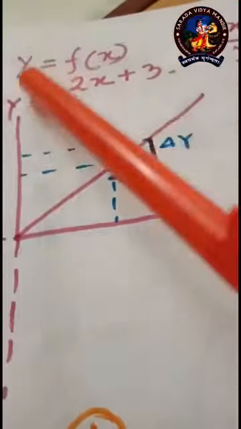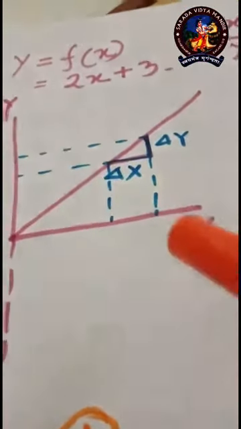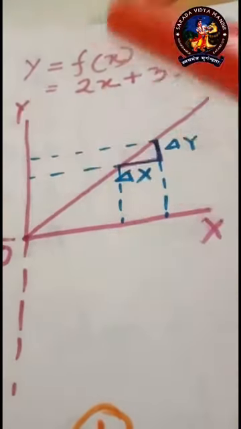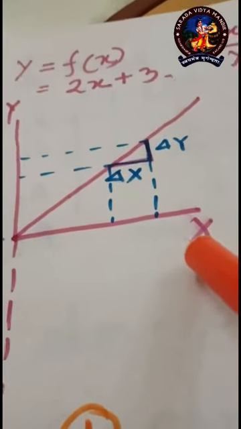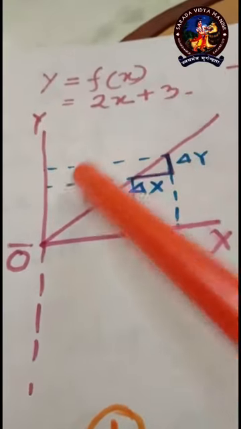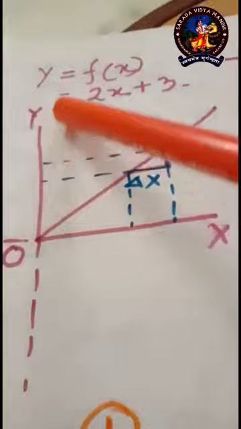Suppose now these X and Y are two arbitrary things, that is, we can put anything on X and we can put anything on Y, but you have to keep in mind one thing, that X and Y both are variables. But why are we putting X on this axis and Y on that axis?